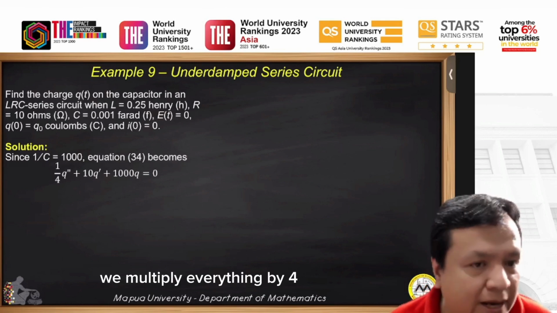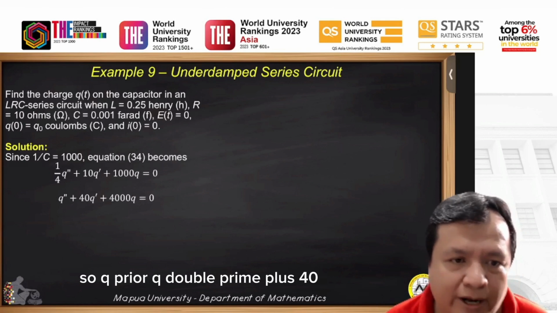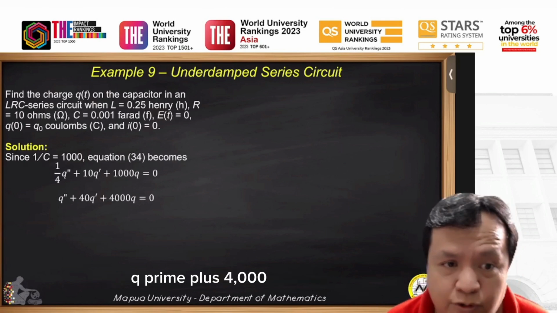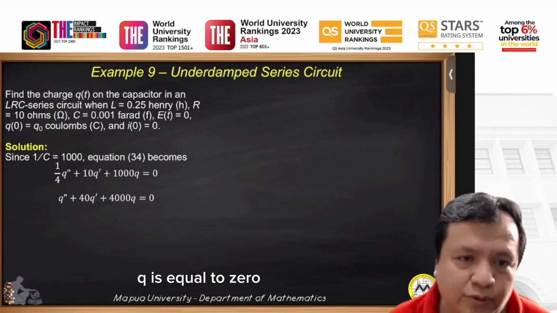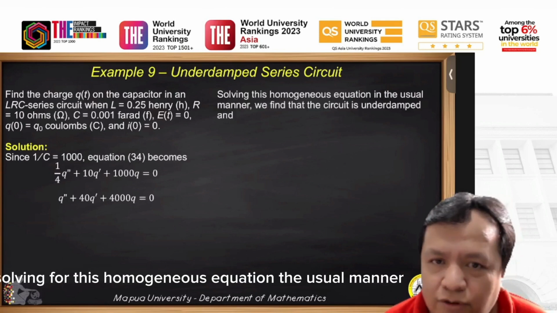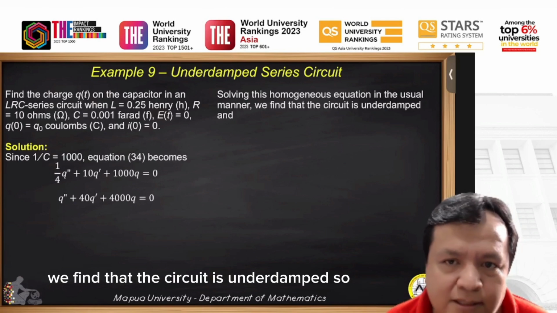We multiply everything by 4, so q double prime plus 40q prime plus 4000q is equal to 0. Solving this homogeneous equation in the usual manner, we find that the circuit is underdamped.